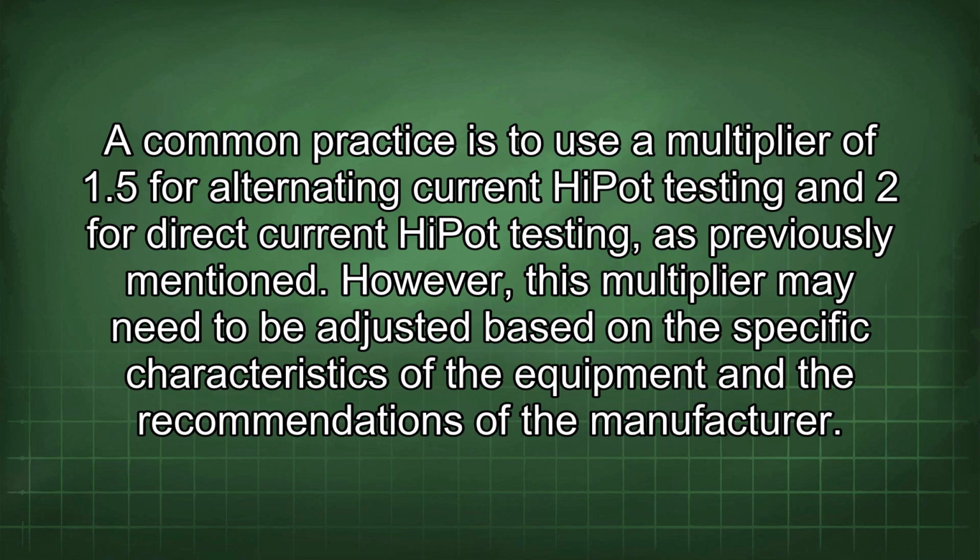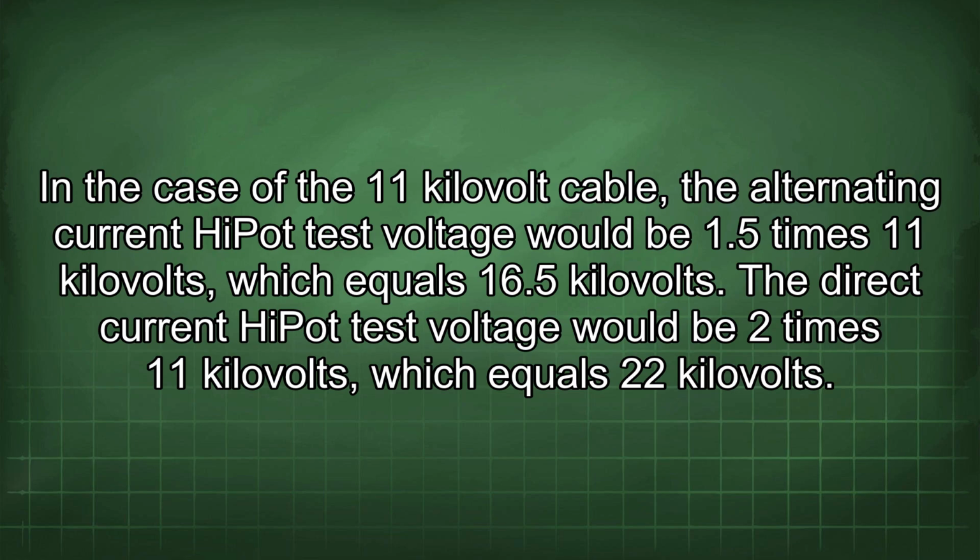However, this multiplier may need to be adjusted based on the specific characteristics of the equipment and the recommendations of the manufacturer. In the case of the 11 kV cable, the alternating current HiPot test voltage will be 1.5 times 11 kV, which equals 16.5 kV. The direct current HiPot test voltage will be 2 times 11 kV, which equals 22 kV.